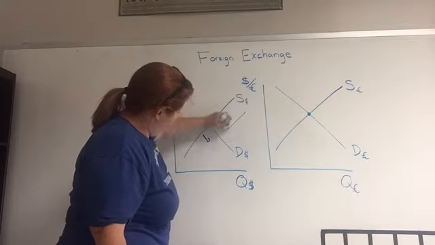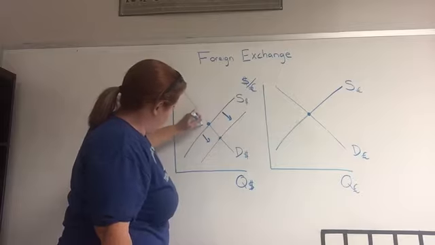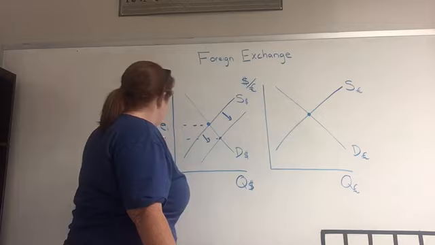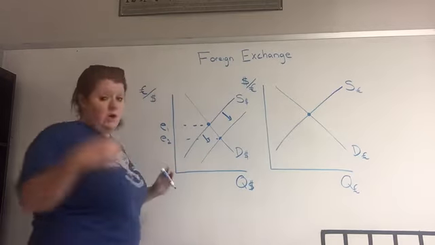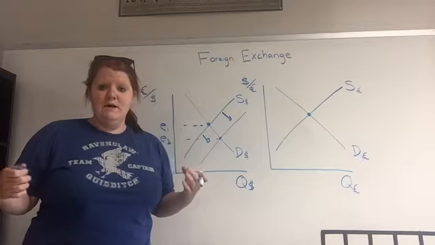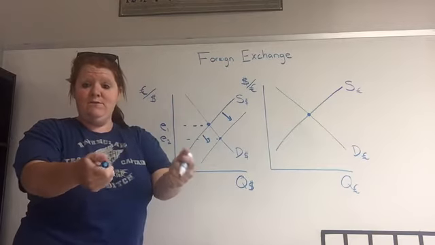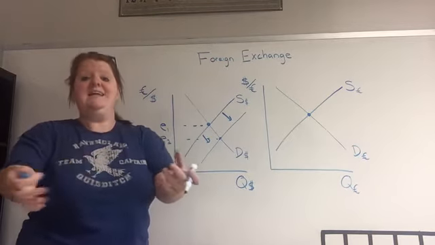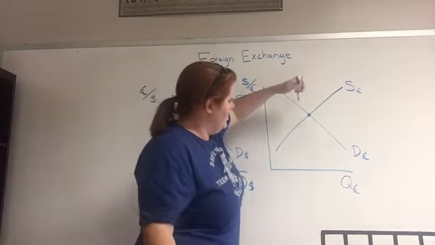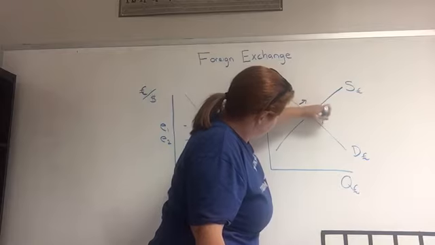The supply of U.S. dollars is going to increase in the foreign exchange market because remember, I just gave the foreign exchange market my money. In return, I'm demanding euros. So I'm supplying the foreign exchange market dollars, and I'm demanding euros in return. So you're going to see the demand for euros increase.